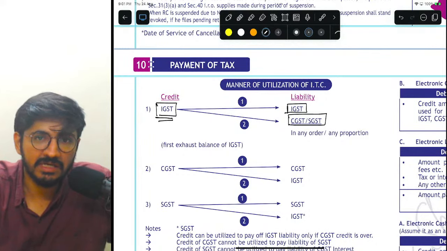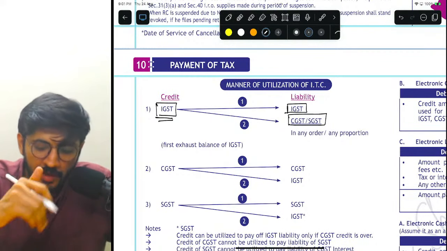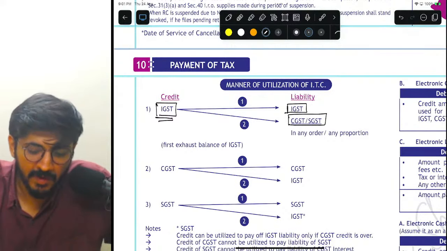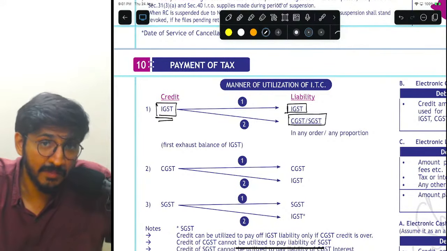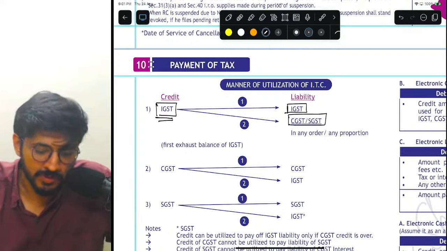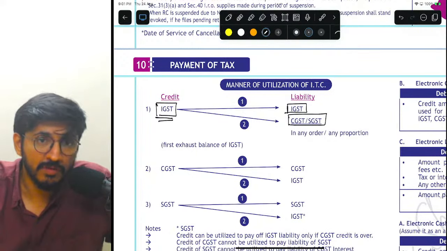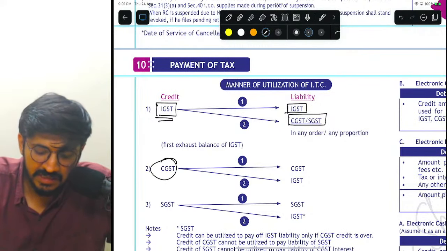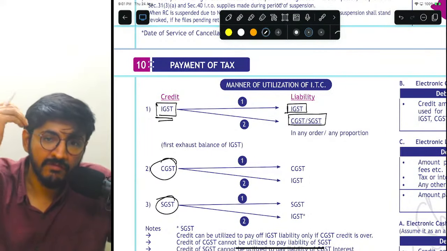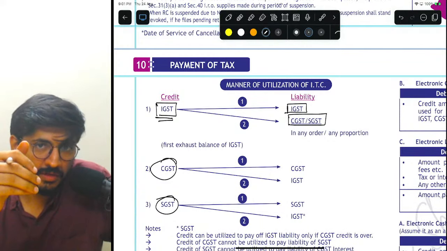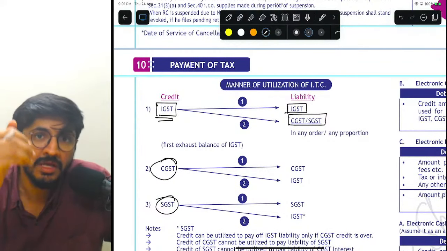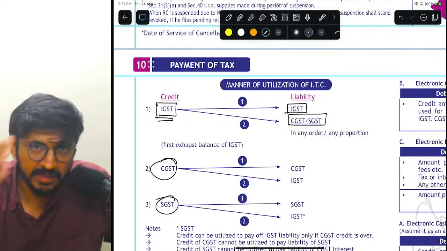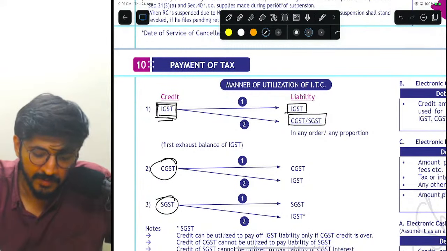Use the IGST credit to pay off IGST liability first, and if still remains, then pay off CGST and SGST liability in any order and in any proportion. But please make sure that out of the three credits you have, IGST, CGST and SGST, the first credit you think of exhausting is nothing else but IGST. Is that very clear? Perfect.